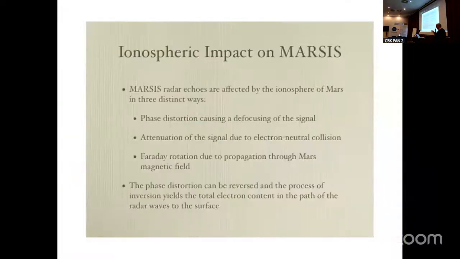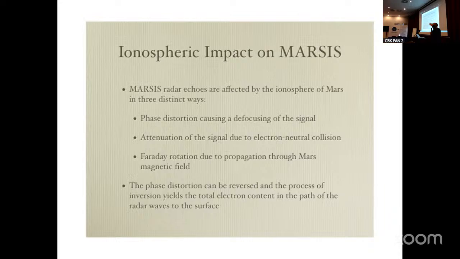Now, going back to the problems. Our institute studied the ionosphere a lot for many, many years. And the signal propagating through the ionosphere is dispersed, is distorted. When you send the signal from above, from 800 kilometers over the surface, the signal goes through the ionosphere of Mars.